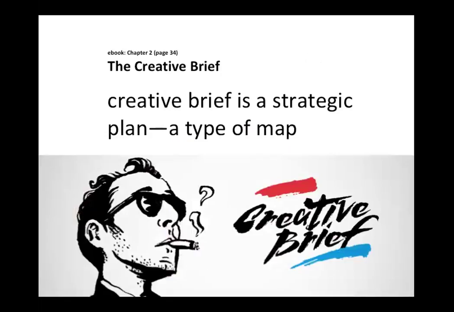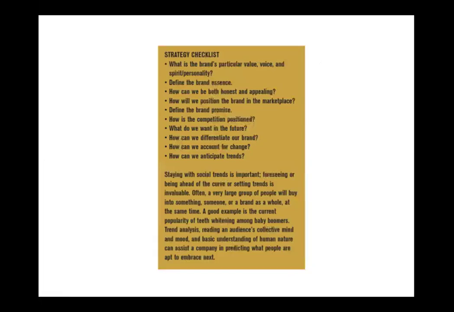So the creative brief is a strategic plan, a type of map. So basically, how you're going from A to B. The strategy checklist for a brief is basically you're going to be talking about what is the brand's particular value, voice, and spirit, personality.